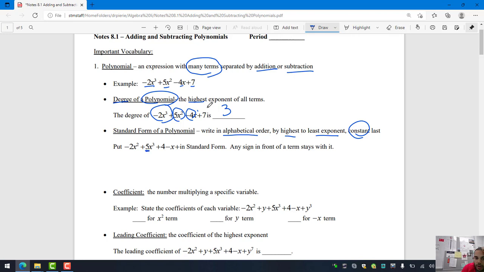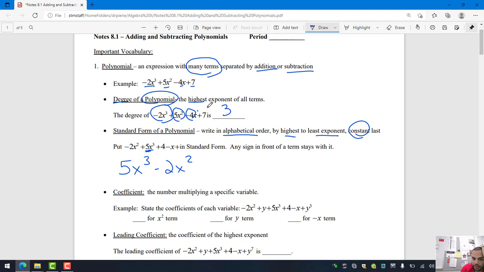This term, positive 5x cubed, is the highest exponent I see. It's got an exponent of 3, so that's got to be the first term written, positive 5x cubed. Then I search for the next highest exponent. It looks like minus 2x squared, exponent of 2. So that goes second, minus 2x squared.